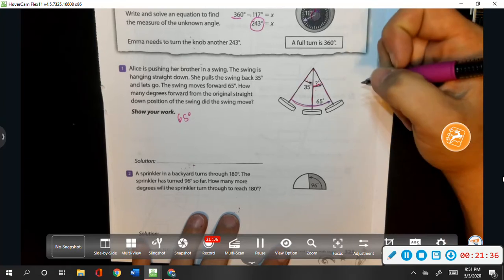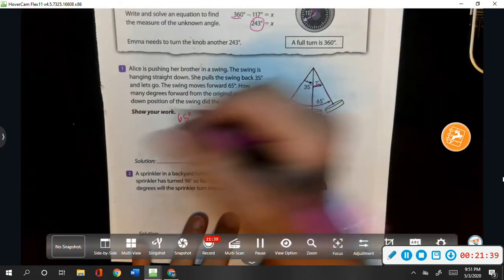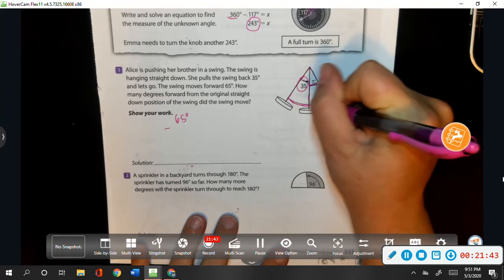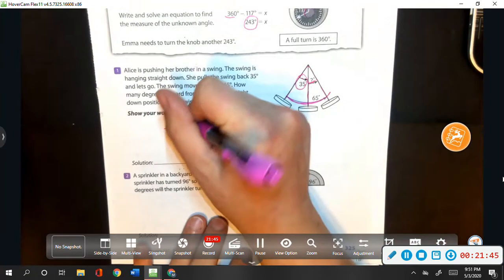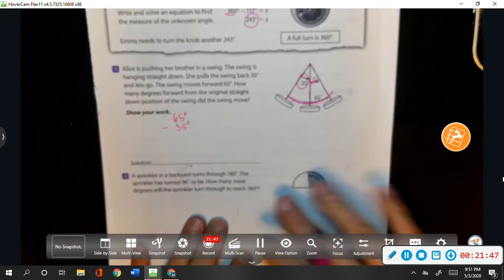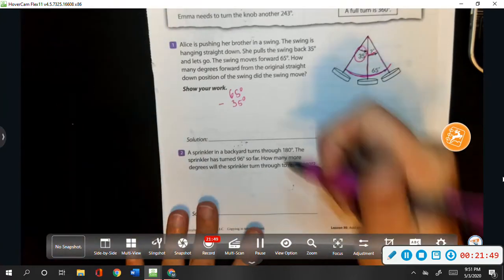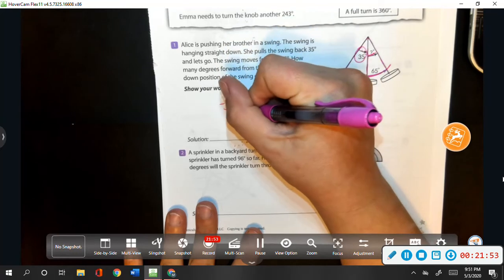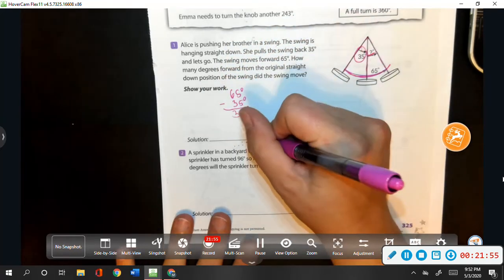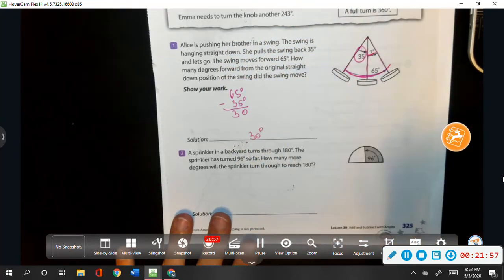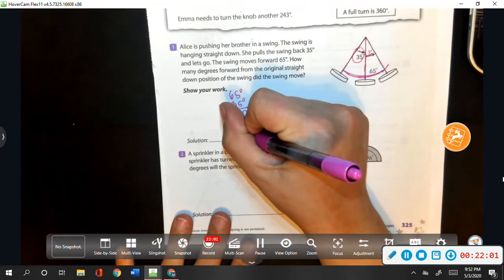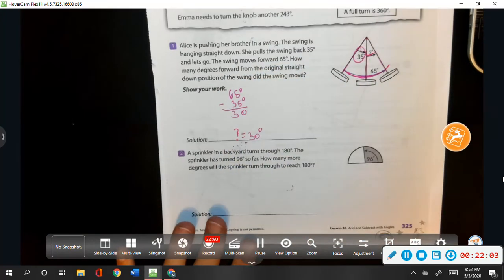So what is the difference? We're going to subtract our known angle from our total, so 65 degrees minus 35 degrees. 5 minus 5 is 0, 6 minus 3 is 3. We have a 30-degree angle. That is our unknown. Unknown equals 30 degrees.